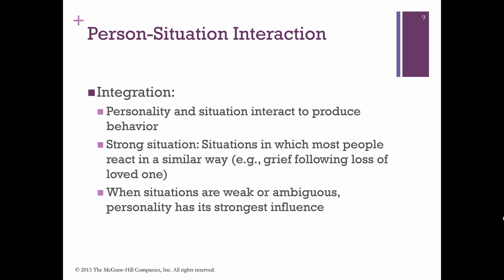So the classroom, in this case, is a strong situation. When situations are weak or ambiguous, though, personality has a strong influence. This is why the Rorschach inkblot test that we learned about a few weeks ago can provide insight into your personality. The inkblots are purposely ambiguous to bring out your personality.